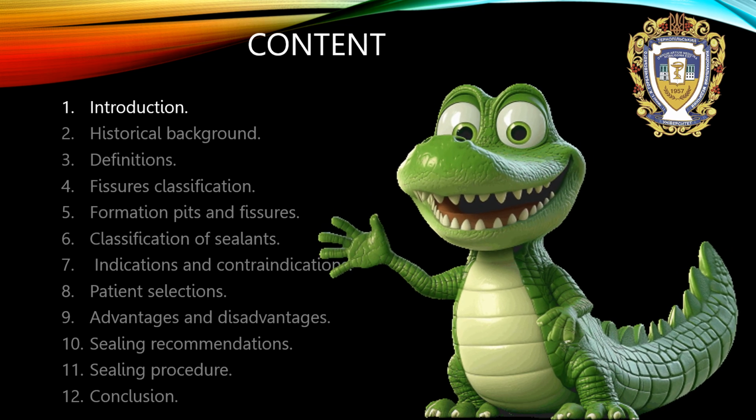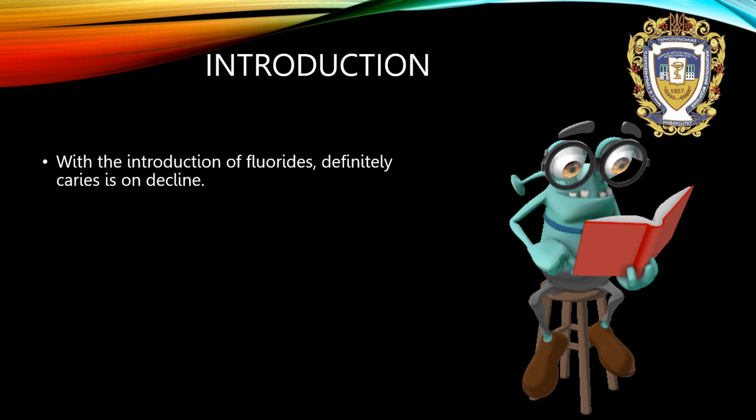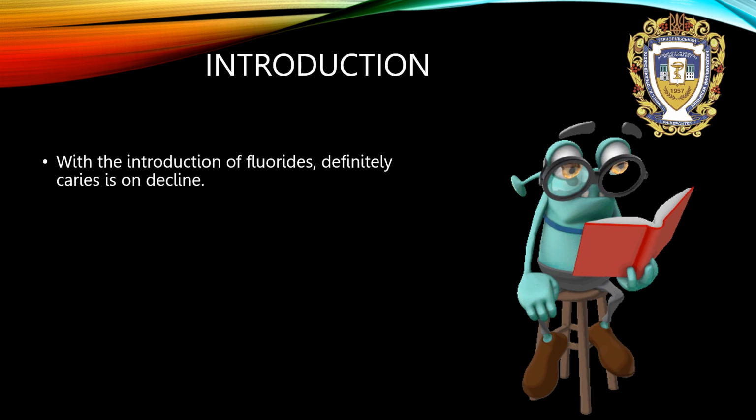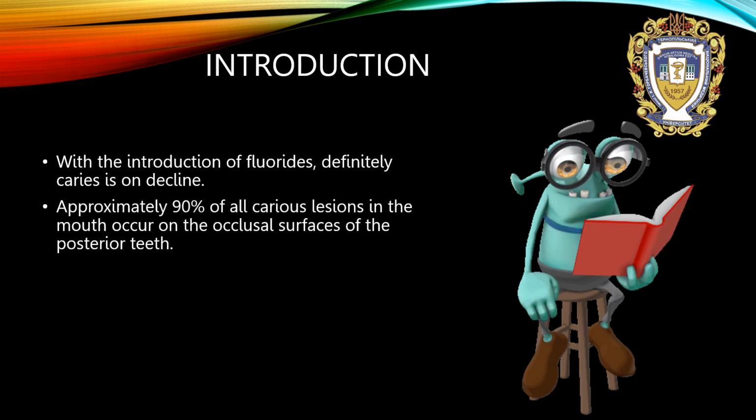Introduction. With the introduction of fluorides, definitely caries is on decline. But approximately 90% of all caries lesions in the mouth occur on the occlusal surfaces of the posterior teeth, premolars and molars.